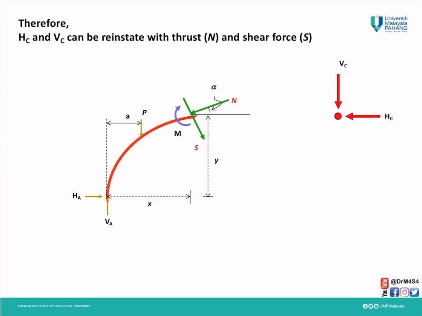Now at any point C on our arch, HC and VC can be reinstated with thrust N and shear force S. You can see here, N and S at any point C. We take out that point C here, and the thrust N acts at angle alpha on point C. Refresh your engineering mechanics: if we have a force at a certain angle, we can resolve it into the Fx direction and Fy direction.